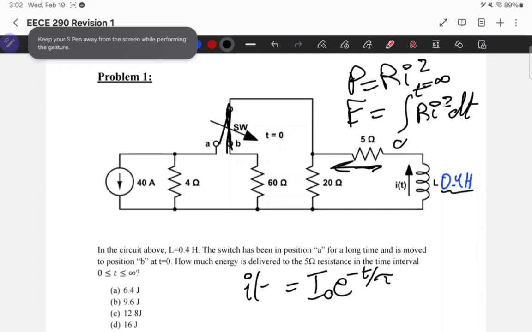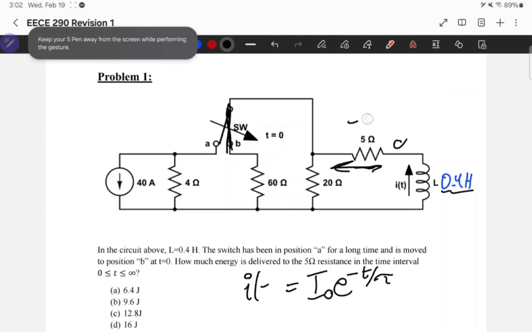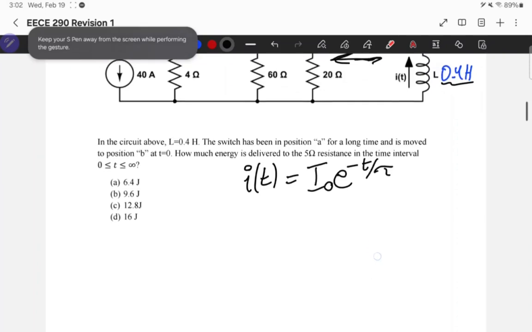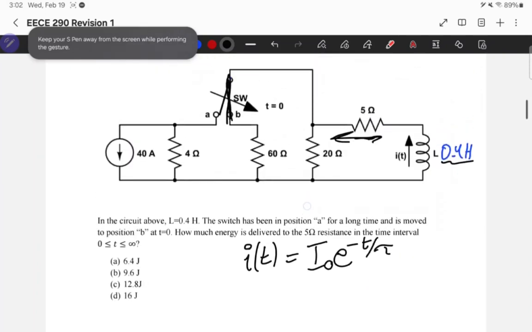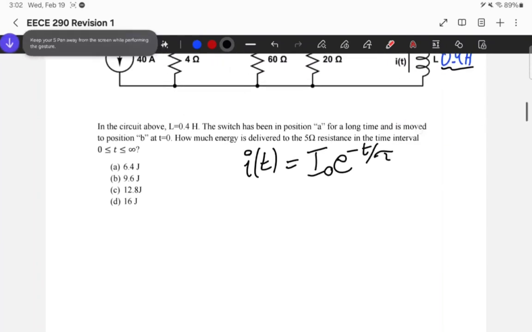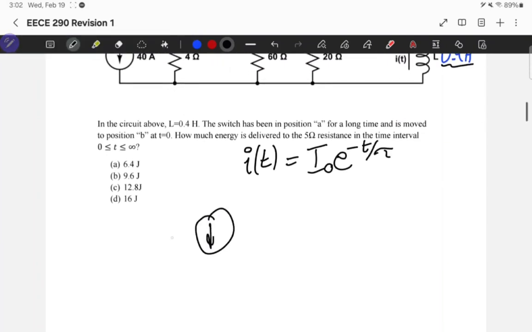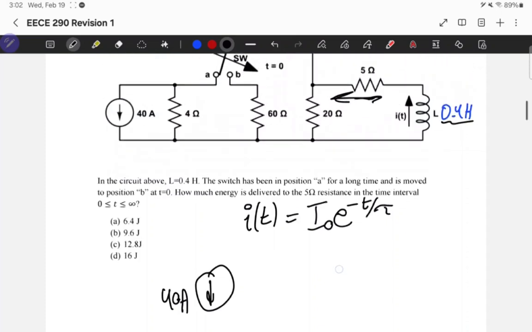So let us get the current in the inductor like this. So first of all, we need I0, which is the same as I0 minus. So we consider the circuit before switching. Before switching, we had the circuit like this, 40 ampere.